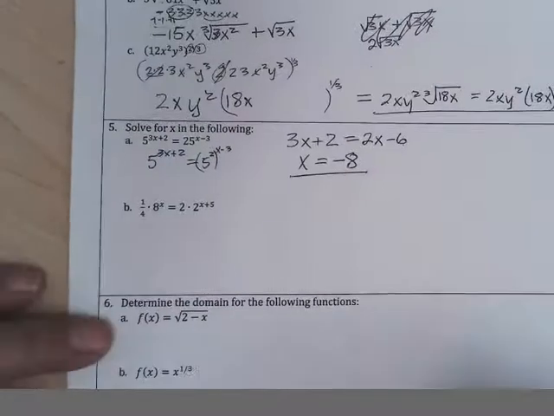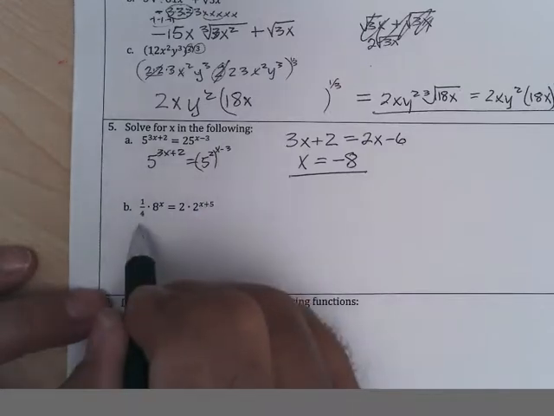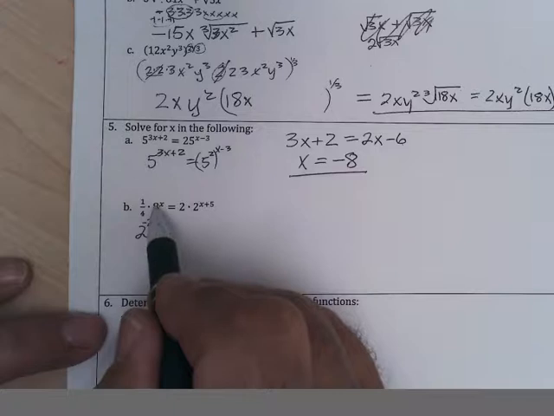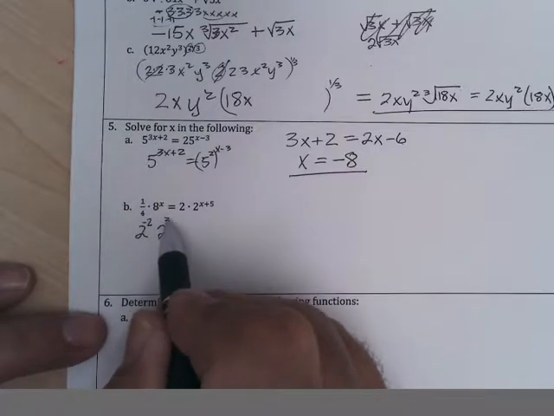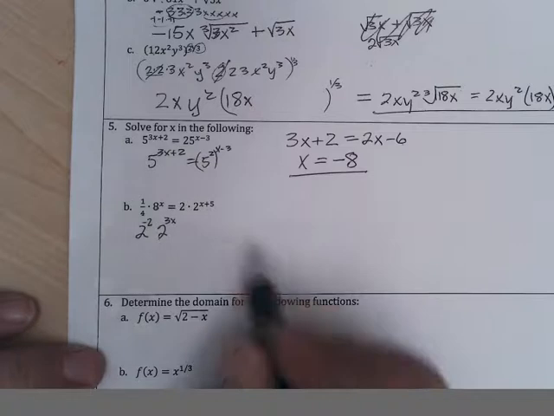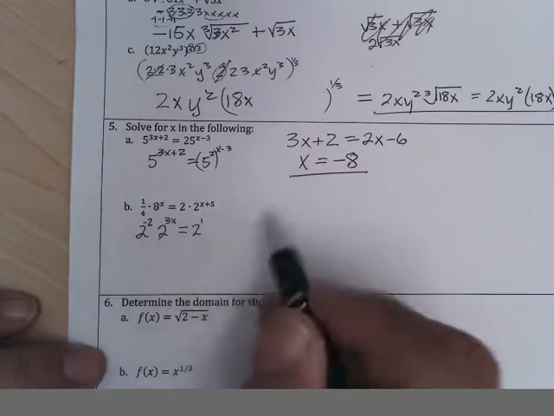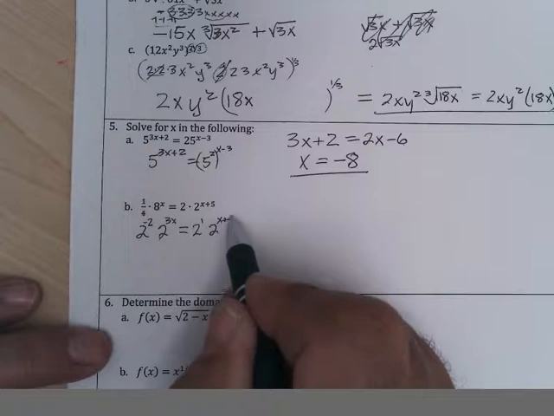This one, it looks like the common base will be 2. 1/4 is 2 to the negative 2. 8x is 2 to the third to the x, which is 2 to the 3x. This is 2 to the 1, and 2 to the x plus 5.